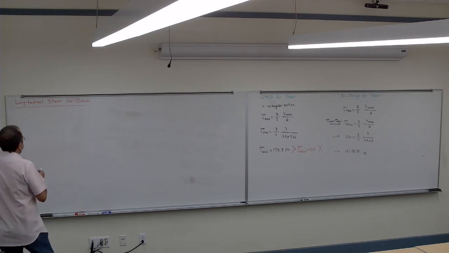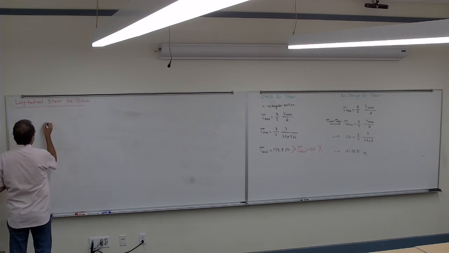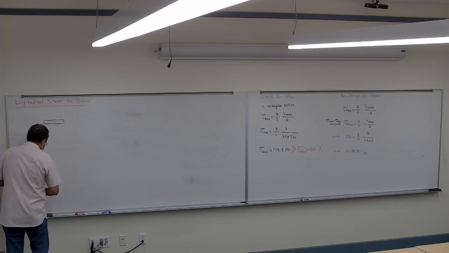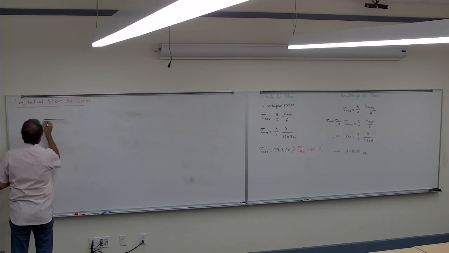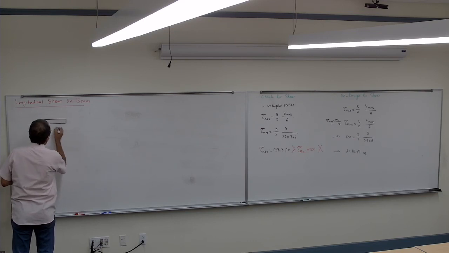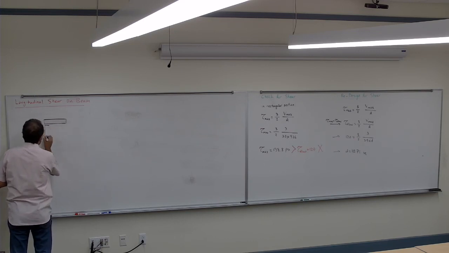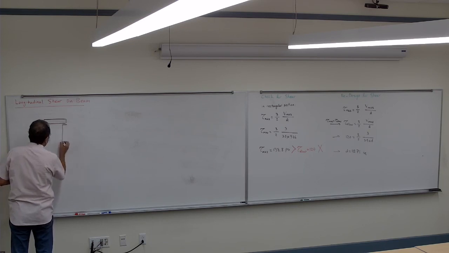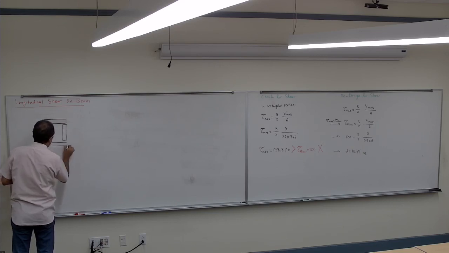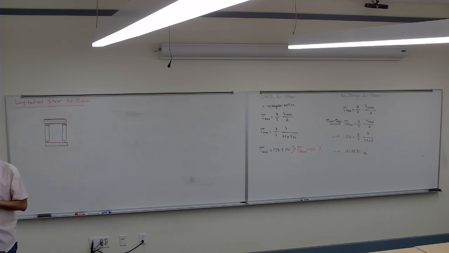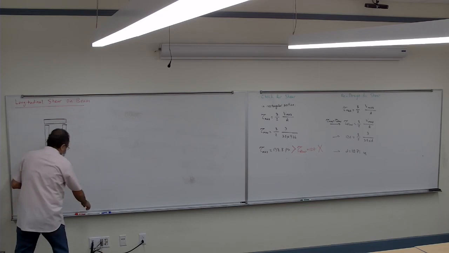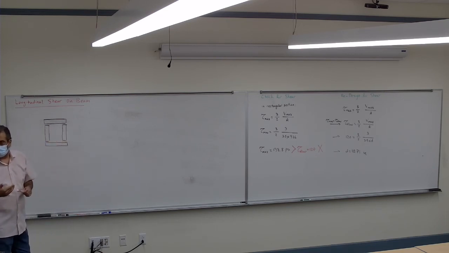So assume I'm going to draw 2 cross sections. Assume I have one cross section that looks like this, and then I'm using some nails to hold it in place.